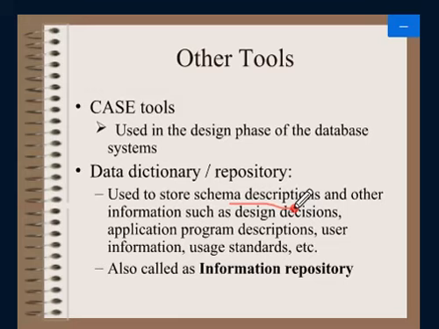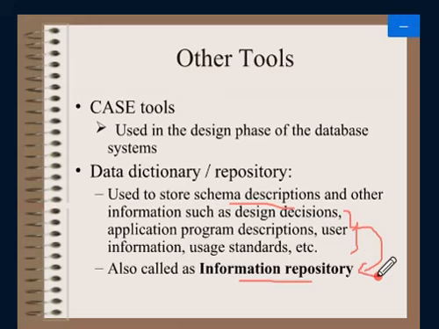Such a system is also called an information repository. This information can be accessed directly by users or the database administrator when they require.